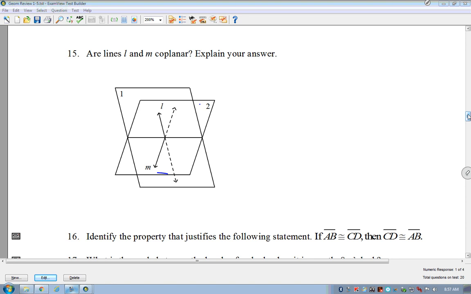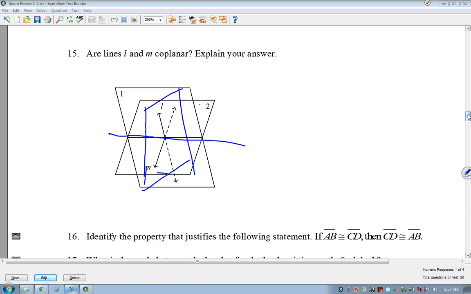Go ahead. What's your question? What about that line that's off this line? What about it? That line there is the line of intersection between the 2 planes. But we're talking about lines L and M, so we're not asking about the line of intersection of the 2 planes.